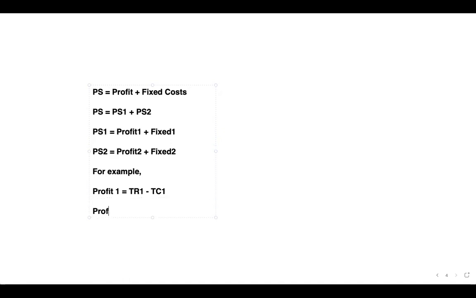So that's the profit of firm 1. They're going to sell at the Nash Equilibrium price, but they're only going to sell their share of industry output. And remember, for the total costs, we're going to have the variable costs of firm 1 plus the fixed costs of firm 1.